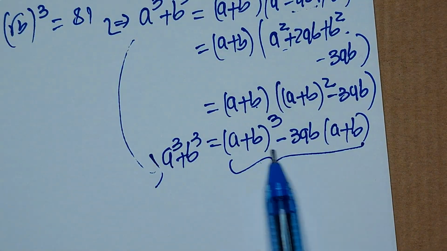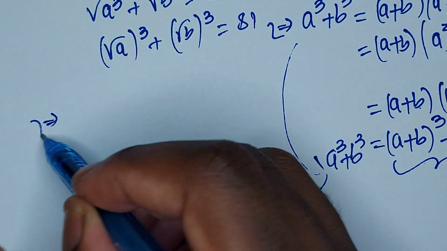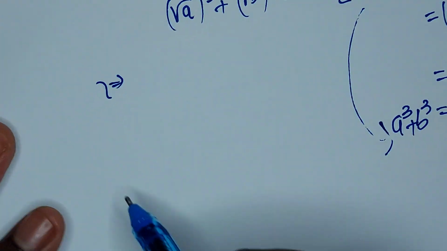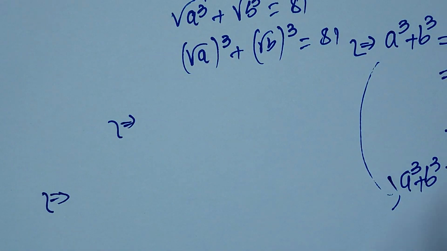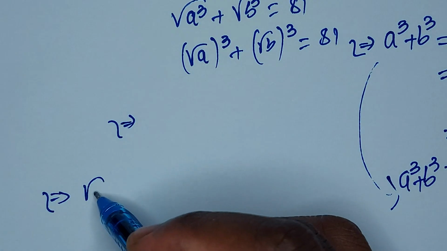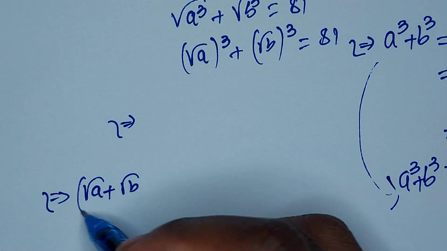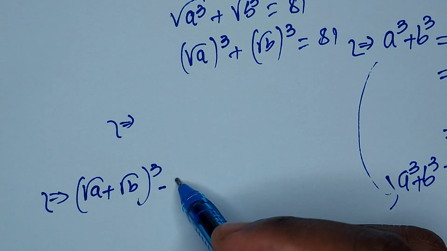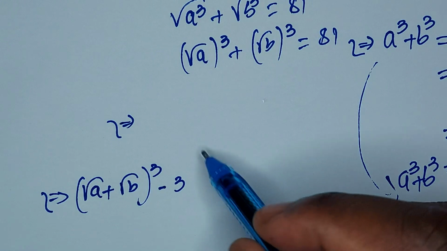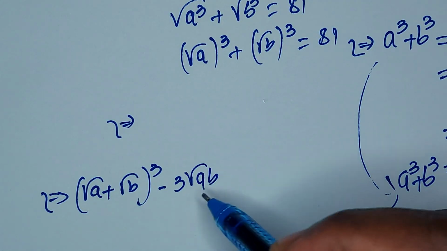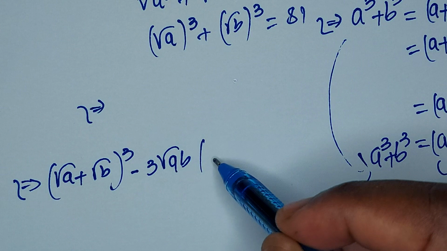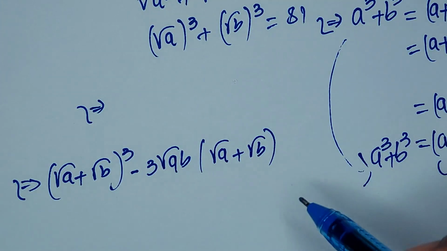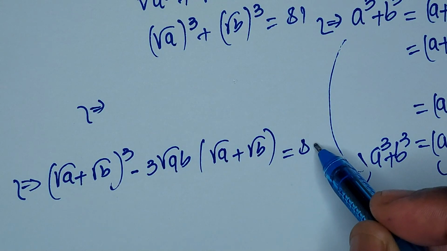From this one we will have square root of a plus square root of b to the power of 3, minus 3, which multiplies square root of ab, and with this will multiply square root of a and square root of b, and this will be 81.